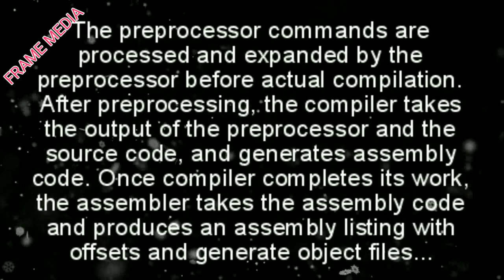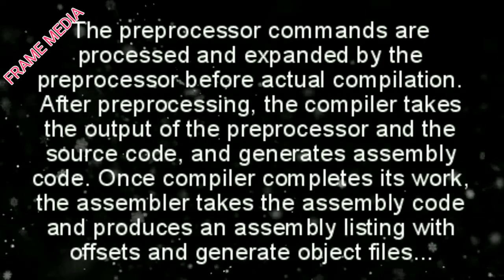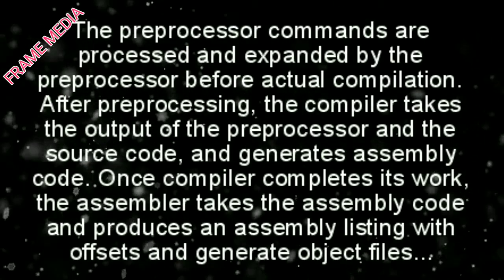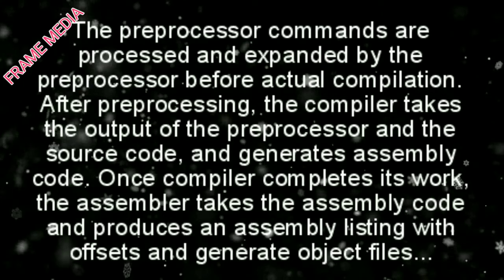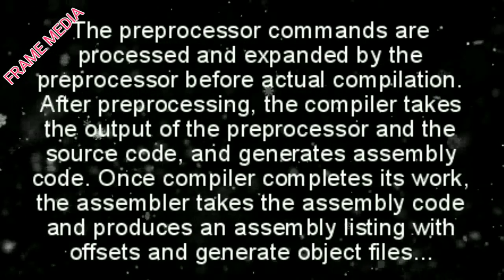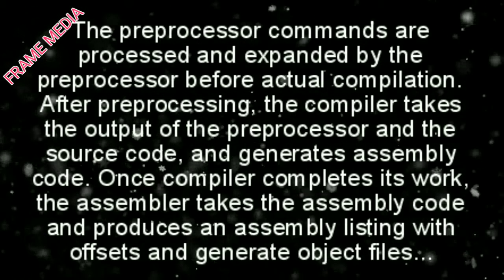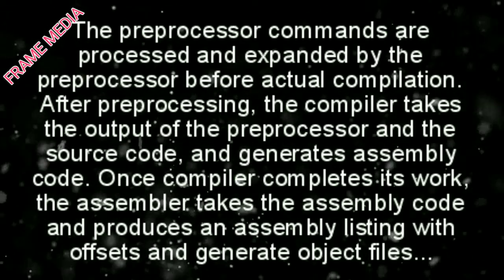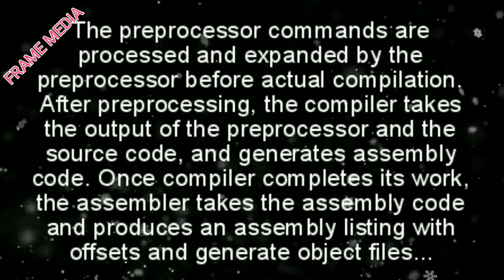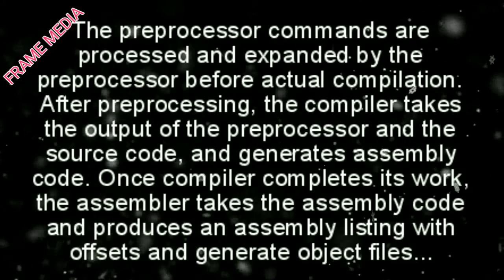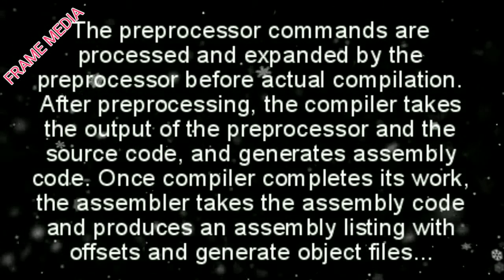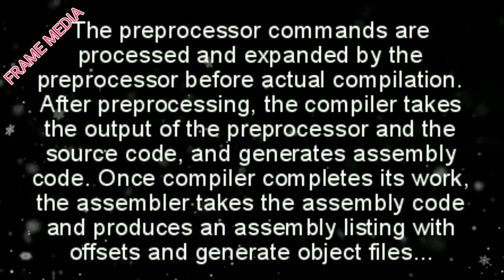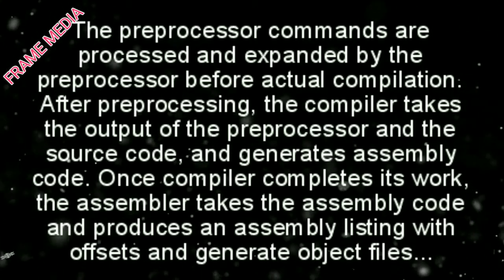After preprocessing, the compiler takes the output of the preprocessor and the source code and generates assembly code. Once compiler completes its work, the assembler takes the assembly code and produces an assembly listing with offset and generates object files. The linker combines object files or library and produces a single executable file.